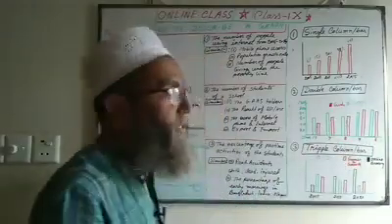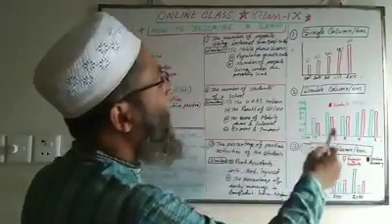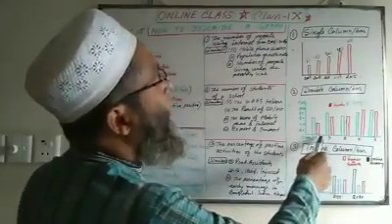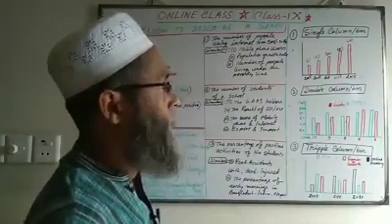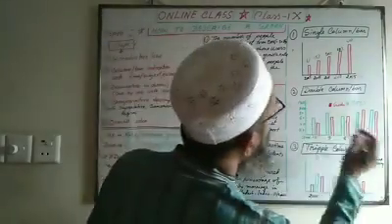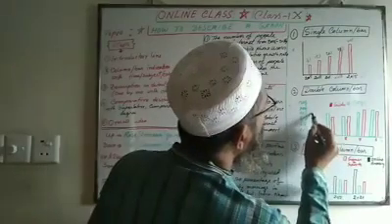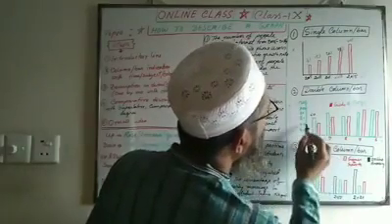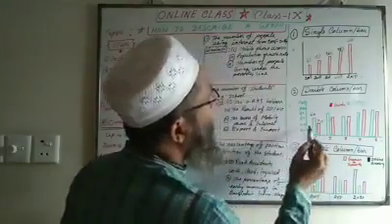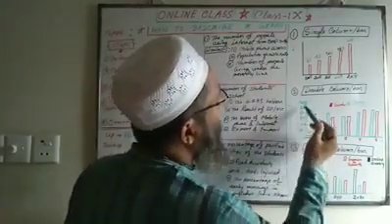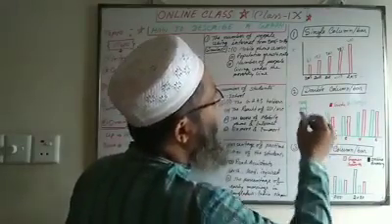So you will describe in this way: in class 10 the number of students, how many students, you have to find out, 60 here, and here 40. That means here you can see the indicators, and you can calculate from this y-axis.